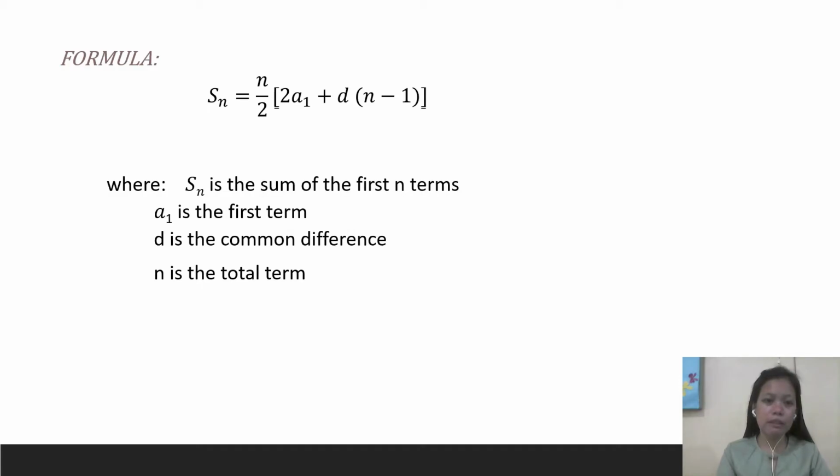So in dealing with this, we have the formula: S sub n is equal to n over 2 times the quantity 2 times a sub 1 plus d times n minus 1, where S sub n is the sum of the first n terms, a sub 1 is the first term, d is the common difference, and n is the total number of terms.